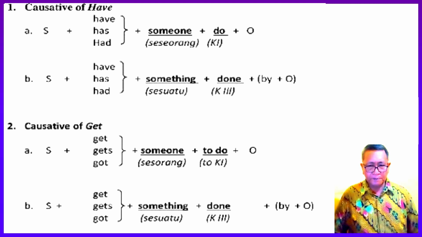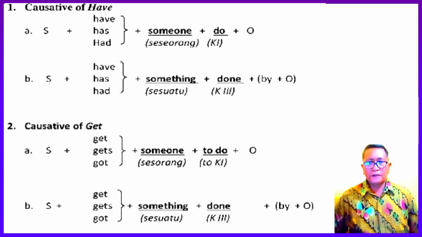And then the causative of get in the active sentence. The sentence pattern is subject plus get, gets, or got, plus someone to do, plus object. Someone here is someone who does the action, and to do here is the to-infinitive of the verb.